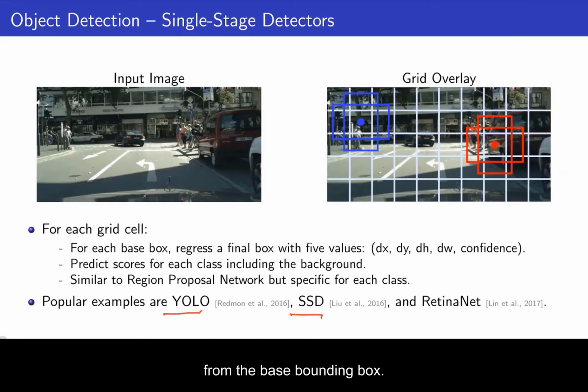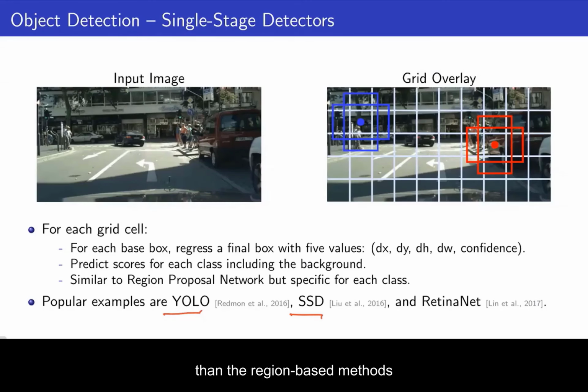We want them to predict the offset from the base bounding box. We want them to predict the true locations of the object from the base bounding box. And we want them to also predict the classification scores. Basically, we have this huge convolutional neural network to predict all of this at once.